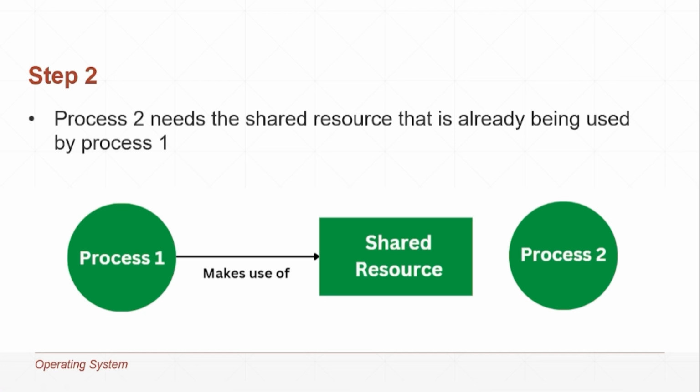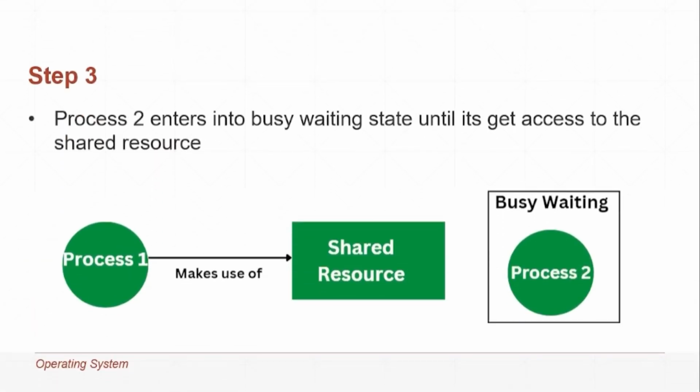Here you can see the example of process 2 which needs the shared resource. In step 3, process 2 enters into the busy waiting state until it gets access to the shared resource. So you can see clearly the example of the busy waiting algorithm.